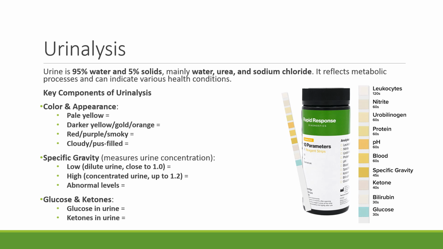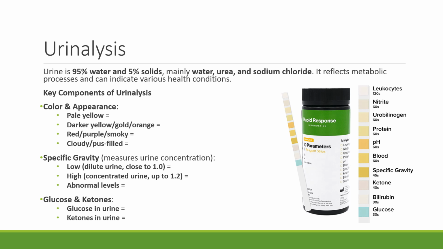Darker yellow or gold or orange is dehydration, liver disease, or from medications. Red, purple, or smoky can be an indicator of blood in the urine, kidney stones, infection, or cancers. Cloudy and pus-filled can be an indicator of a urinary tract infection.